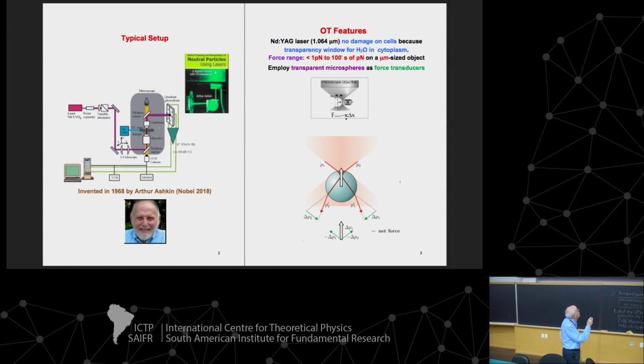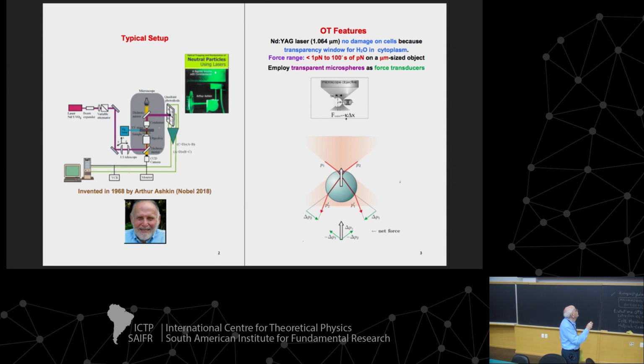And so you can compute the force on the sphere due to the optical tweezers. Now, the sphere is attached to whatever object you want to attract. And this could be a bacteria or something.